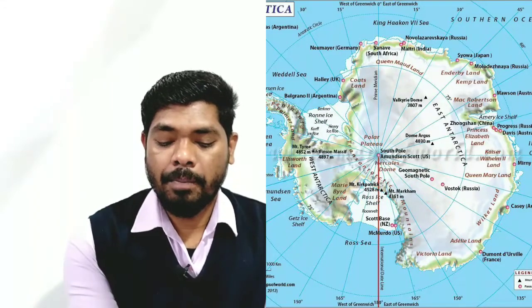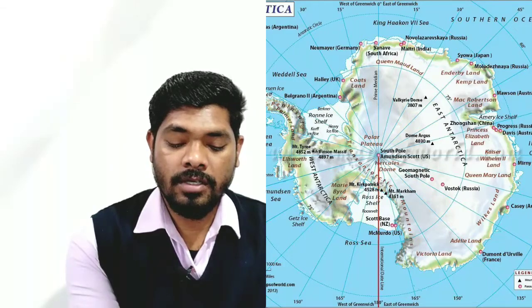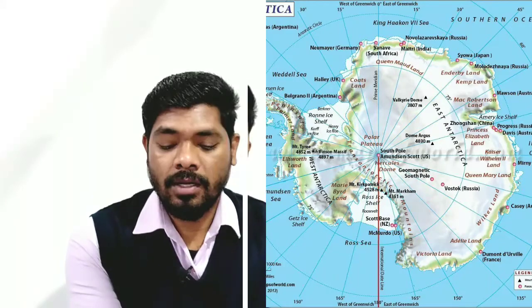Then we have Mount Erebus on Ross Island, Antarctica's second highest active volcano. Mount Sidley is the highest volcano on Antarctica. So remember, the second highest active volcano is Mount Erebus, but Mount Sidley is the highest volcano on Antarctica.